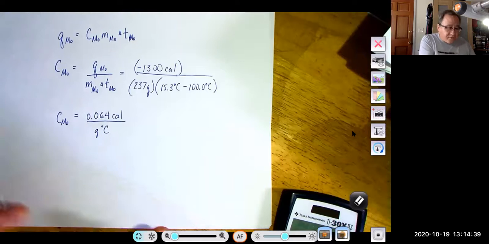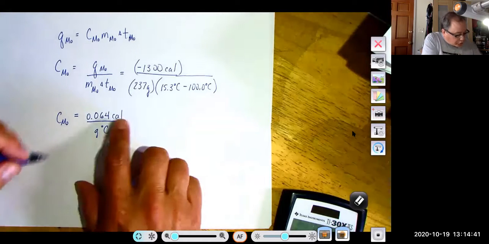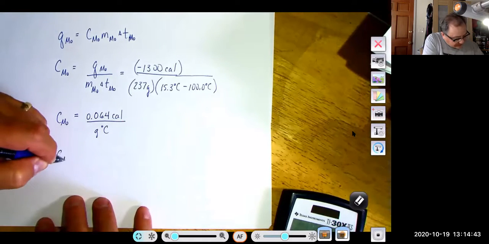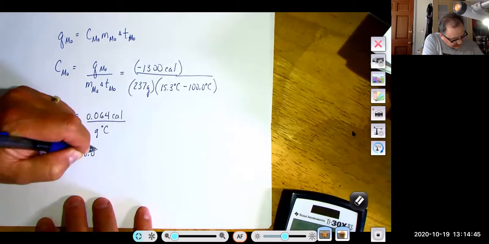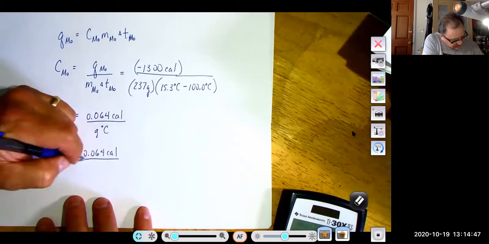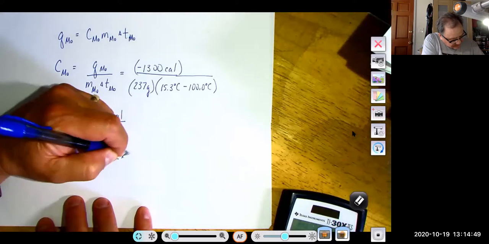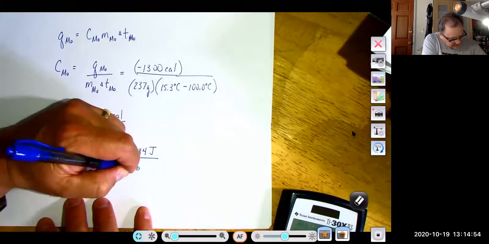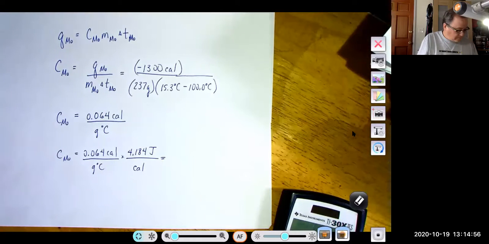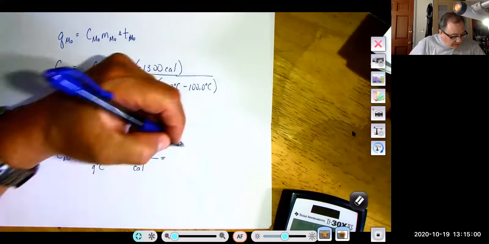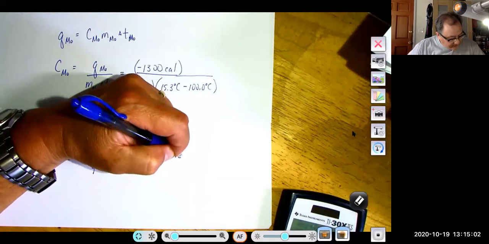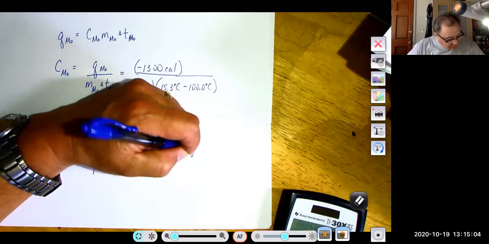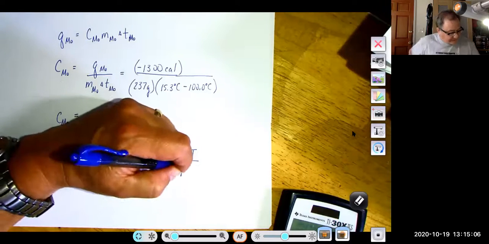And if I wanted to convert that into joules, I would do this. And we would get 0.27 joules per gram degree Celsius.